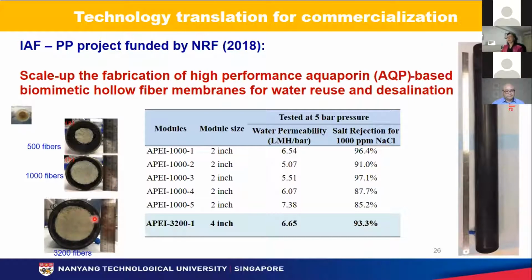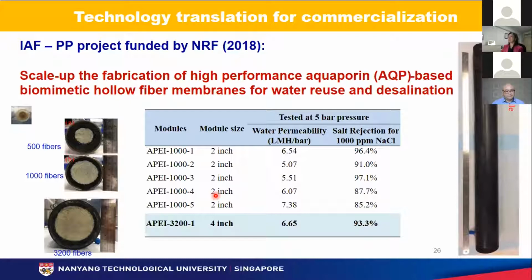Our latest data, which I did not put here, is the 8-inch module, the commercial 8-inch module, containing 12,800 pieces of the fibers. That's the 8-inch module, the same size as the commercial 8-inch module.